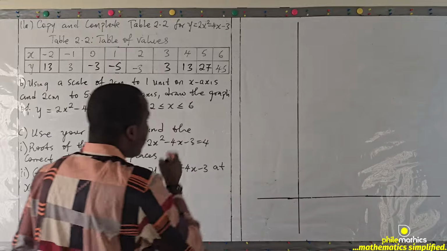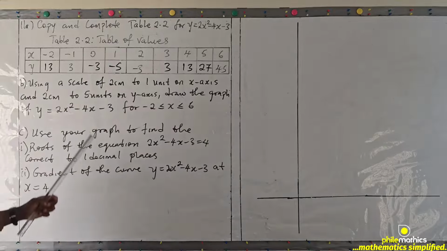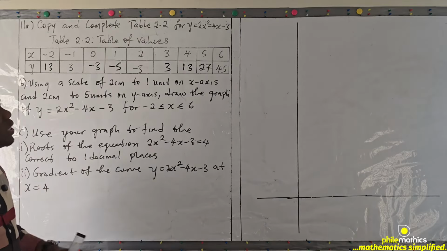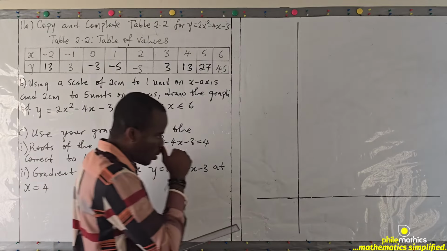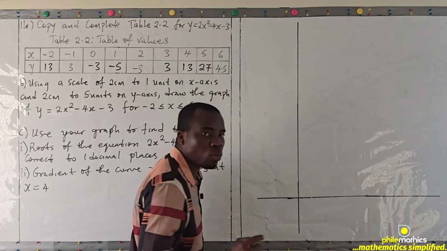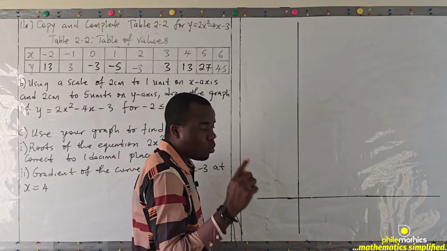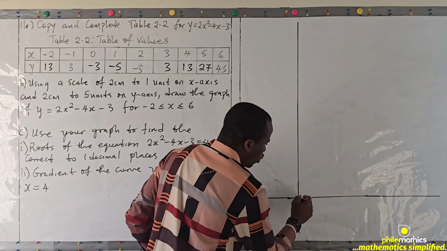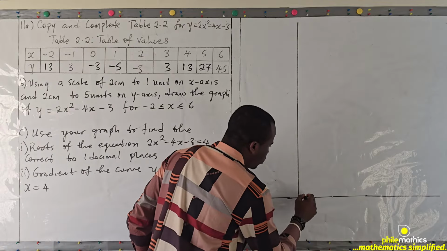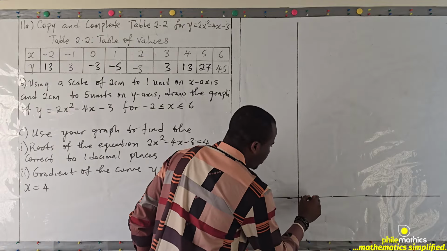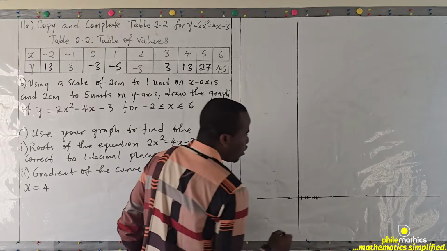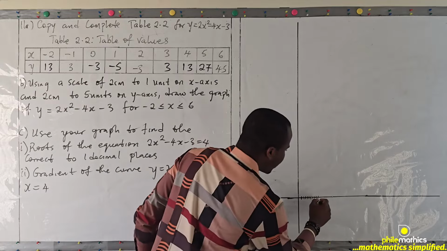And so let's start putting our point. 2 cm to 1 unit on the x-axis means for every 10 small boxes is 1. So if this is 1, 2, 3, 4, 5, 6, 7, 8, 9, 10. For every 10 smaller boxes is 1.